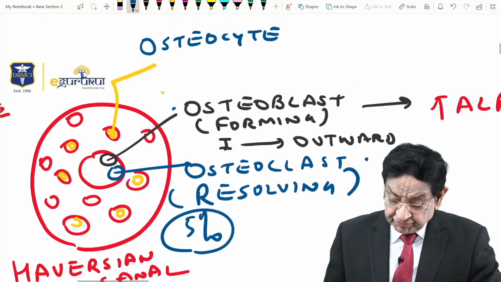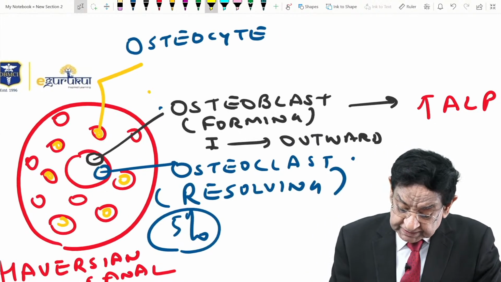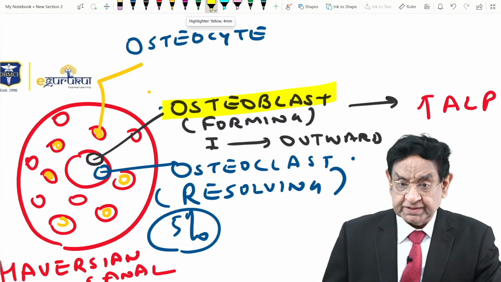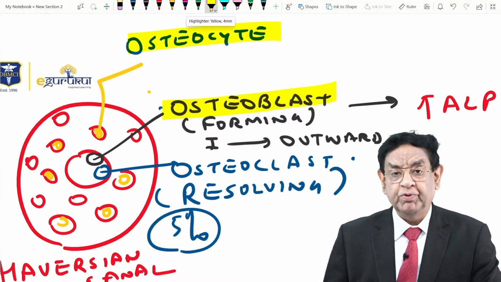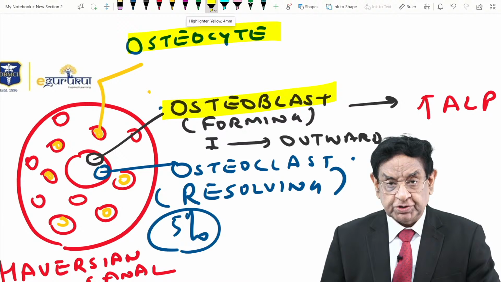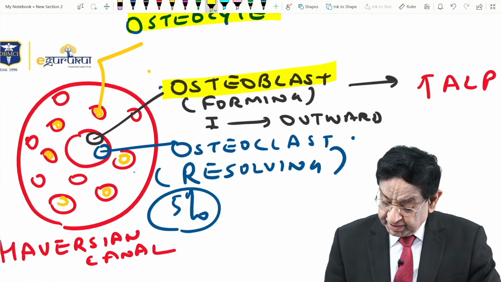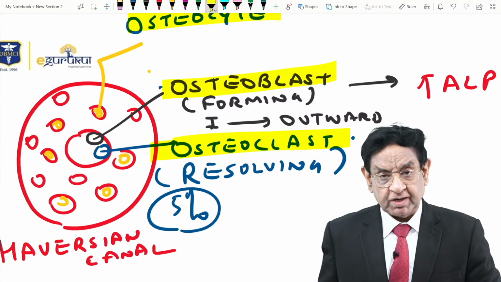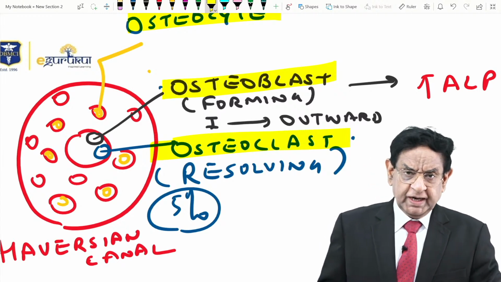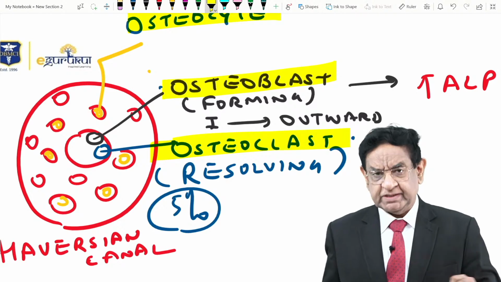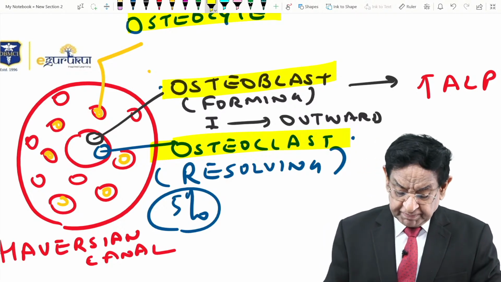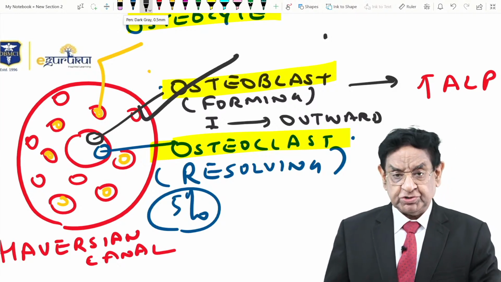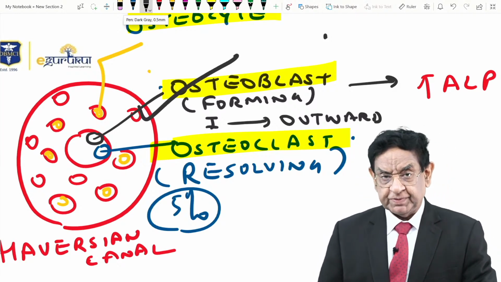It means we got three types of cells. One is the bone forming cell, osteoblast. One is the bone maintaining cell, so-called osteocyte. And we have a third cell, the bone resolving cell, the osteoclast. Well, just like in Hindu mythology, they say Brahma Ji is the creator of the universe. We have an osteoblast which creates the bone.